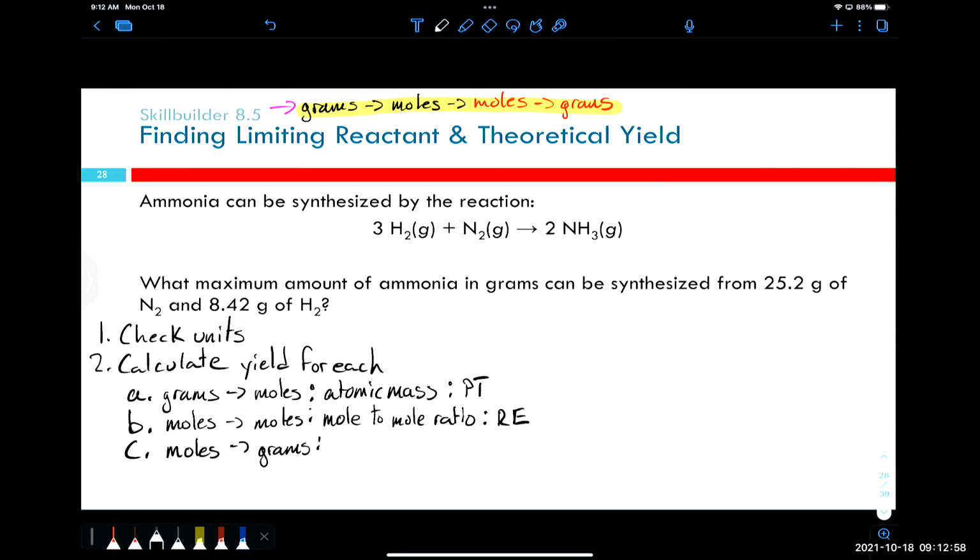And again, that's using atomic mass, whether it's the mass of a single element or the calculated mass of a compound. And we'll get back to grams. And then for a final step, will be to find the least product produced.